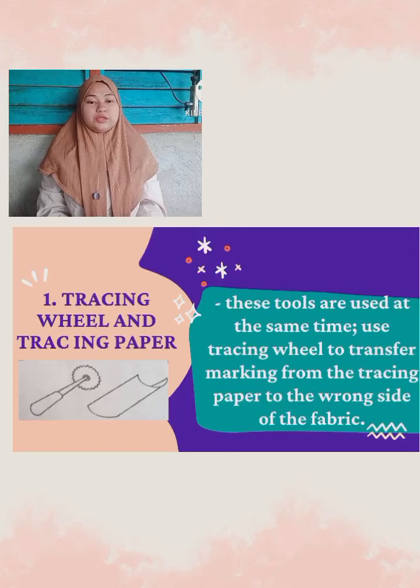So first, the tools that we are going to use are the tracing wheel and tracing paper, which are used at the same time, or simultaneously. This tool leaves a mark in the fabric, which is used to trace the pattern on the cloth.